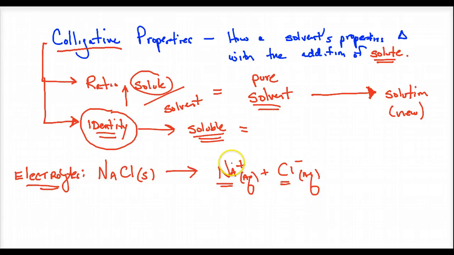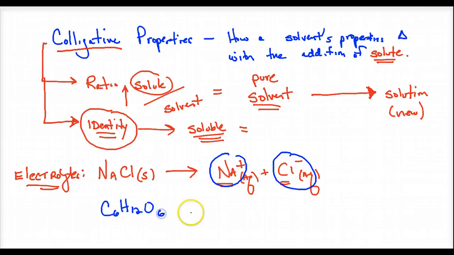Whether they are ions or molecules, they're solute particles. For instance, we could take glucose, C6H12O6, a polar molecule, and dissolve solid glucose in water. It's a physical process, and it becomes aqueous glucose, which also makes a solution.